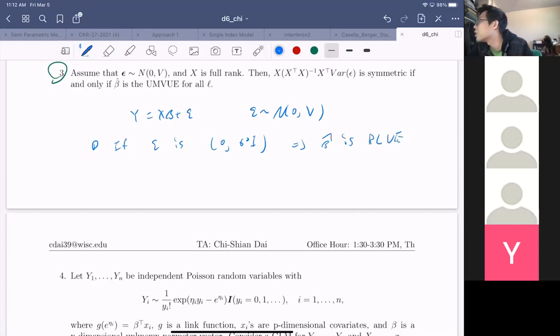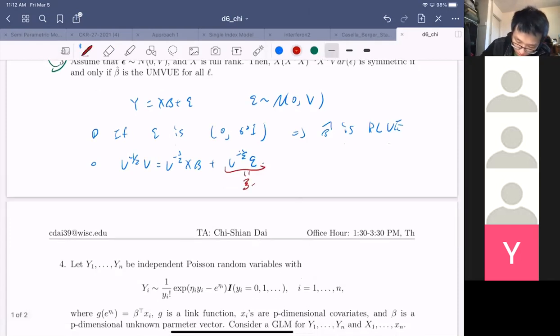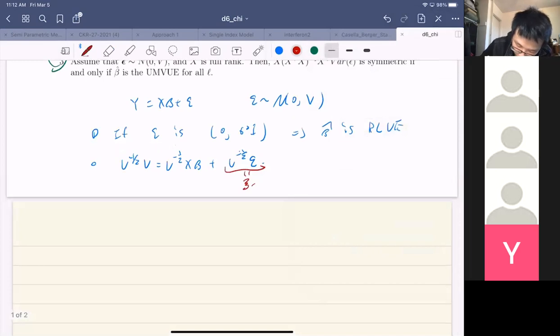So what he does here is he multiplies this, and this one is the new error term, which has minimal variance sigma squared.